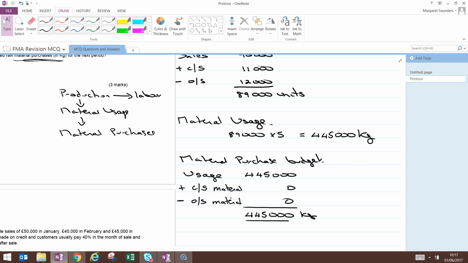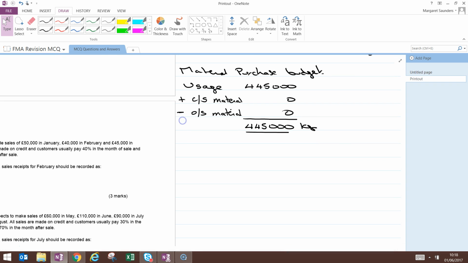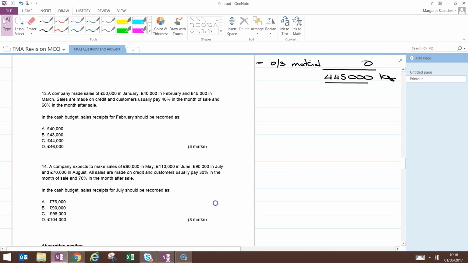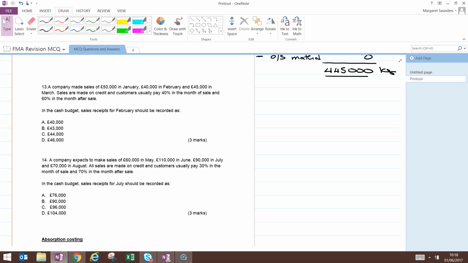We haven't yet looked at cash budgets, and the next two questions, 13 and 14, are both cash budget questions. So question 13, a company made sales of £50,000 in January, 40,000 in February, 45,000 in March.